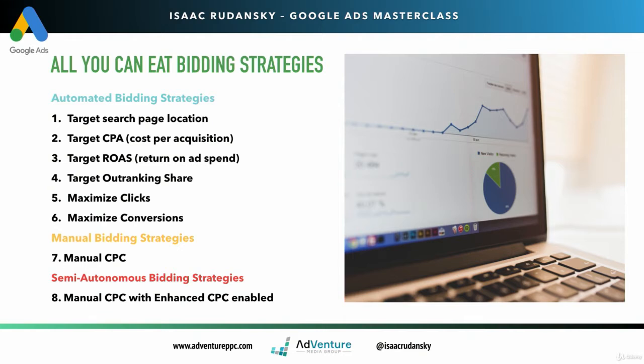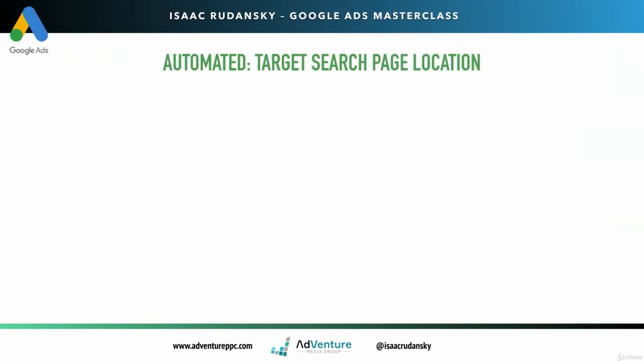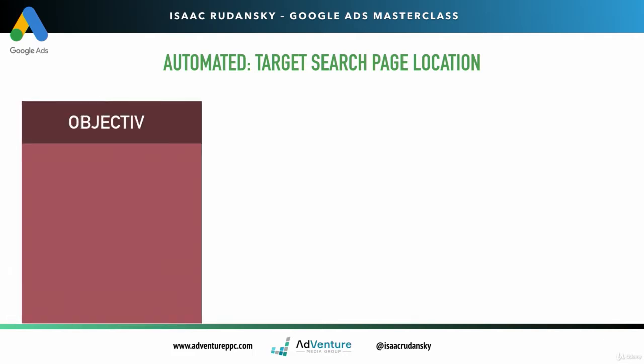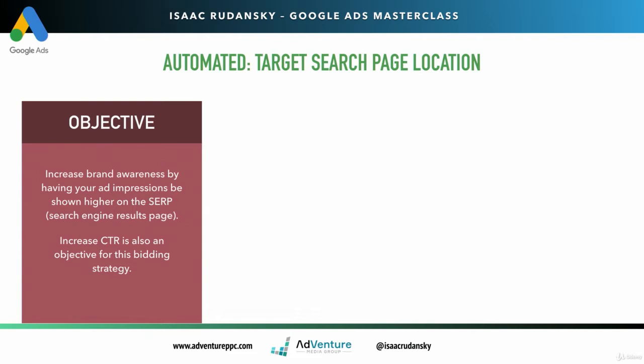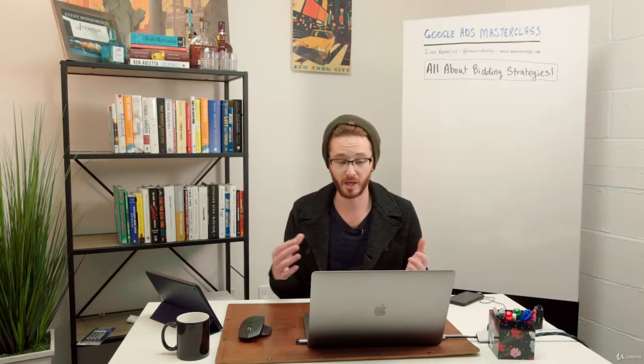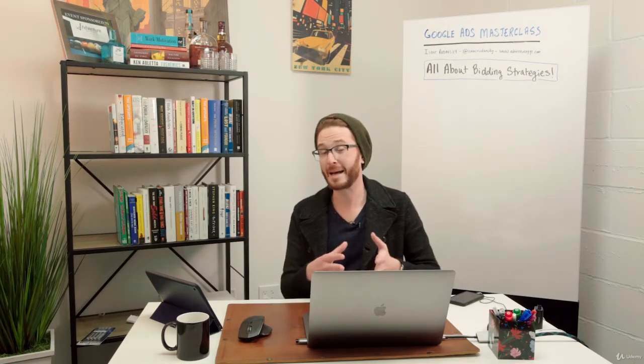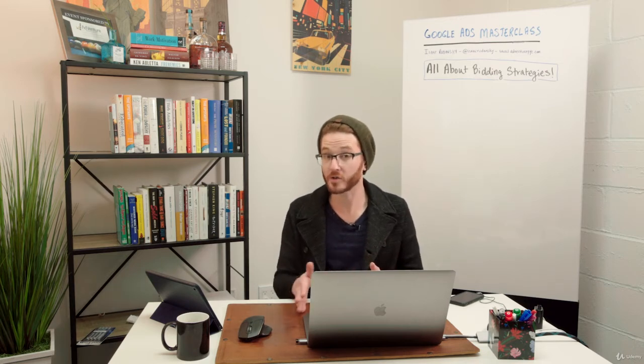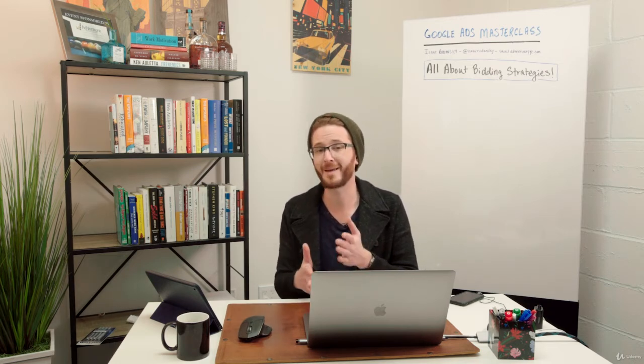So let's just go ahead and talk about one of the automated bidding strategies, targeting search page location. The objective of this bidding strategy is to increase brand awareness by having your ad impressions be shown higher on the search engine results page. Increased click-through rate is also an objective for this bidding strategy. If you're trying to increase your click-through rate, and that might be a goal because you might want to increase your quality score, then this might be a bidding strategy that could work for short-term micro goals.